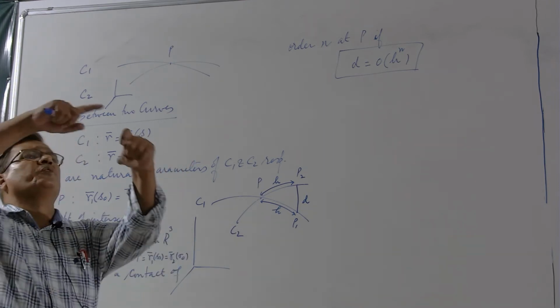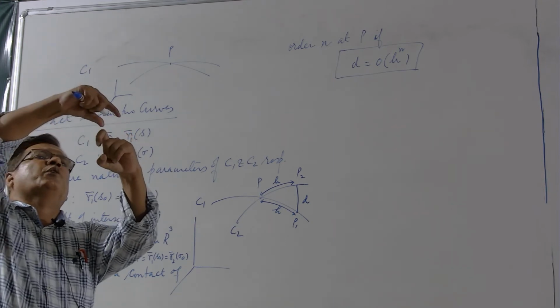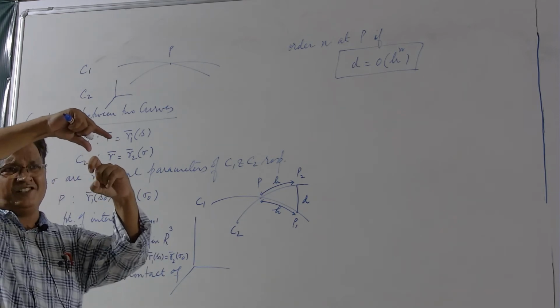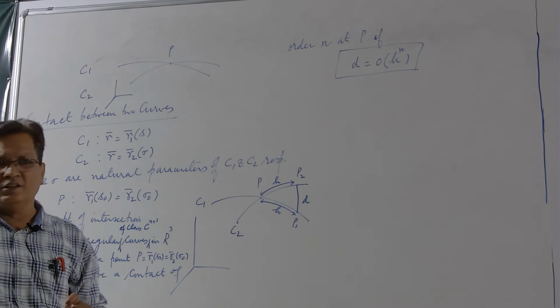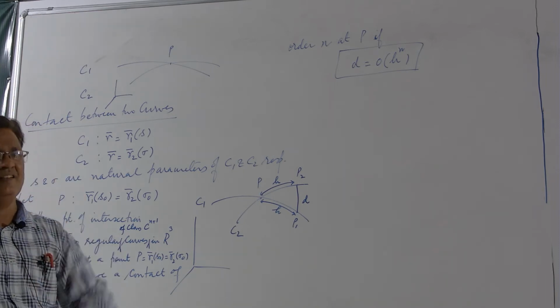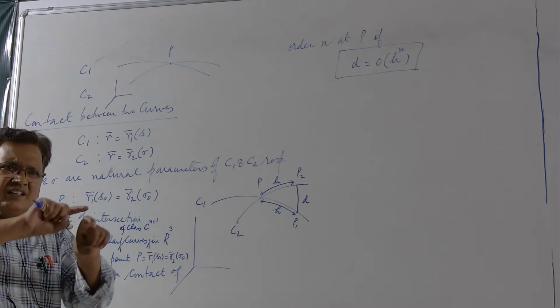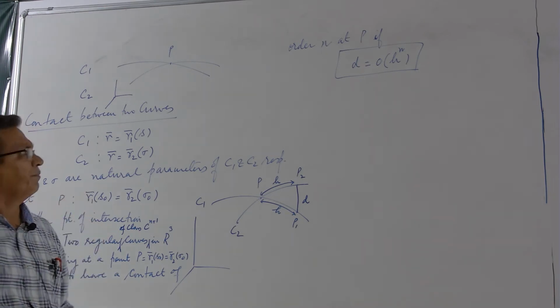If you consider two curves like this, then the points P1 and P2 will be too far off. The distance will be far more than the arc distance h. So, in that case d will not tend towards 0 faster than h. What I want is that they should be nearer to each other. Okay.